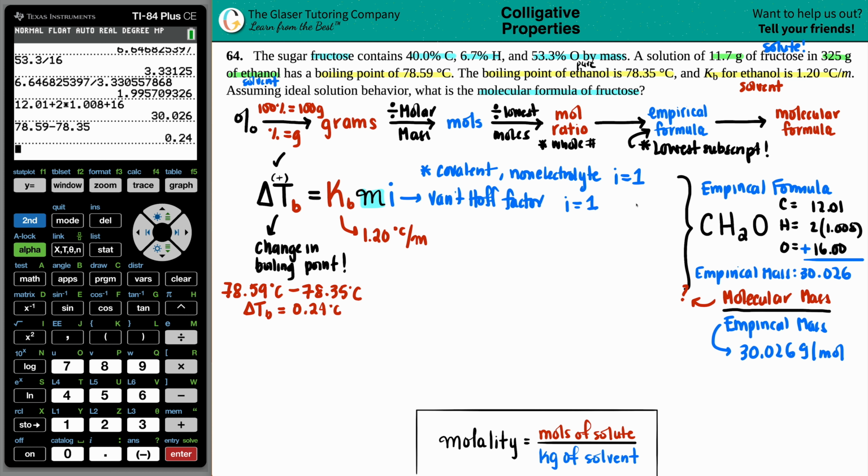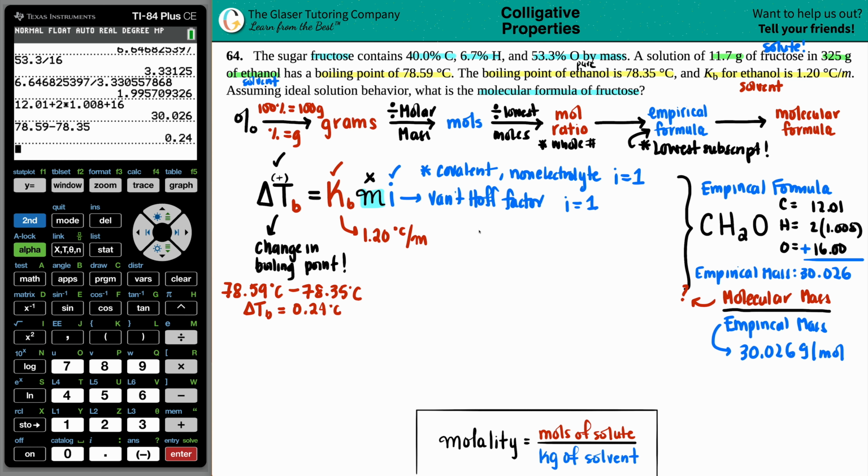It was really great that we actually did this part first, because then we can say, okay, we had C, H, and O. They did tell you that you just had carbon, hydrogen, and oxygen up here as well. So you could have found out that, since these were the only elements, it was a non-electrolyte. So we have the i value, we have the Kb value, we have the delta Tb. We're going to solve for the molality.